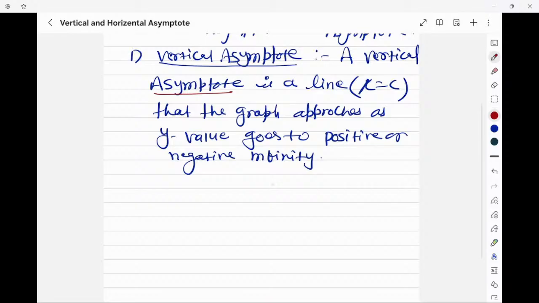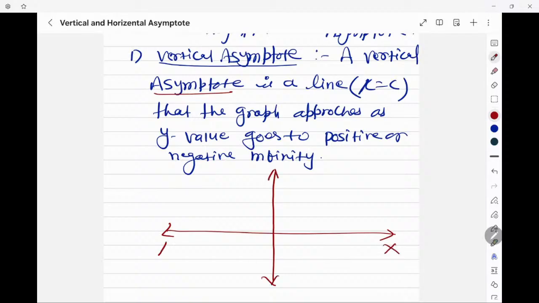If I draw the graph of a vertical asymptote, it looks like this: y, x dash, y, and y dash. Here x equals c, right? Then you draw the dotted line. That means the graph never touches this line.